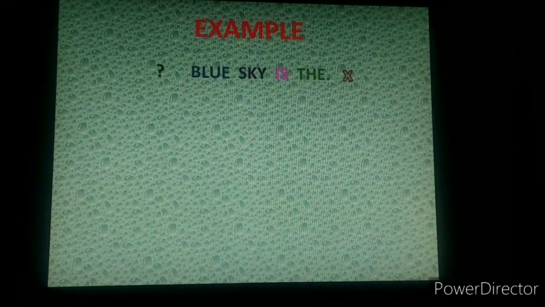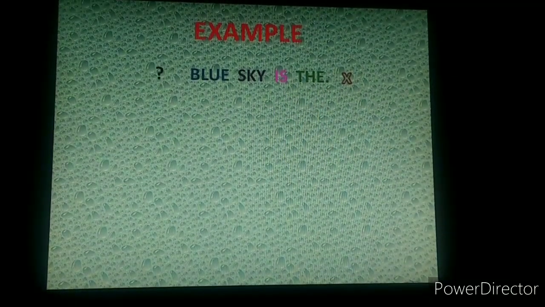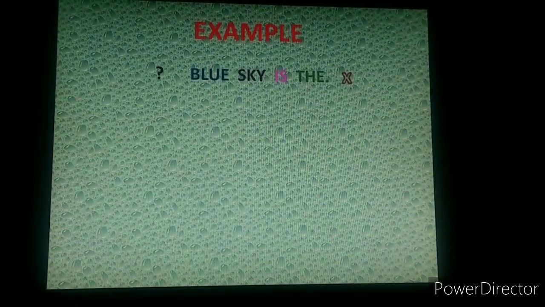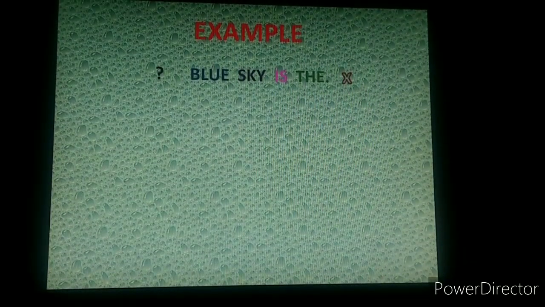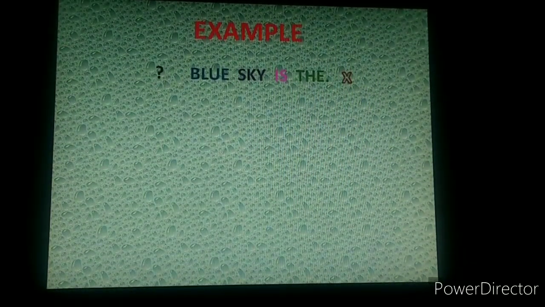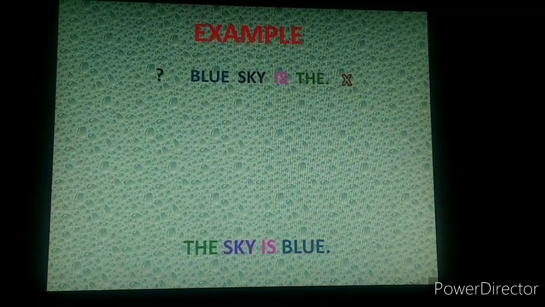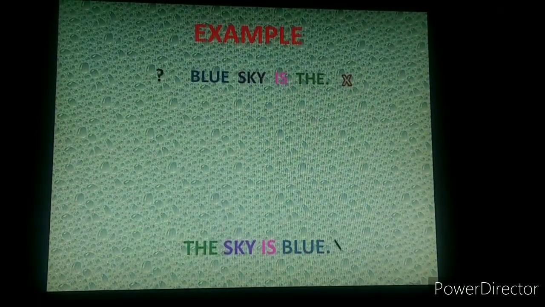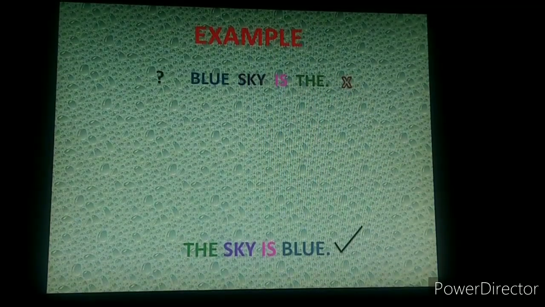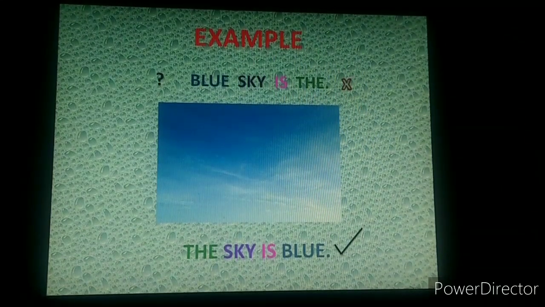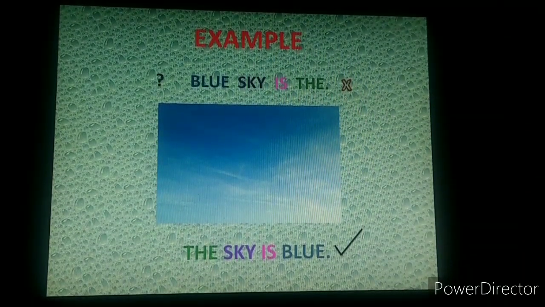That is, we are not able to convey a complete meaning of the sentence. So the correct form could be "The sky is blue." This is correct. Through this sentence, we come to know about the color of the sky. That is, the color of the sky is blue.